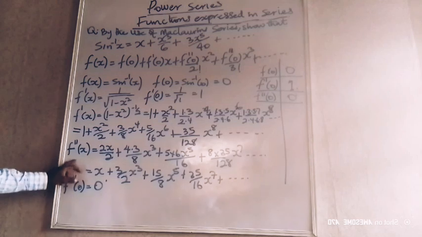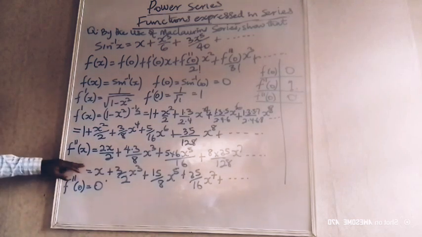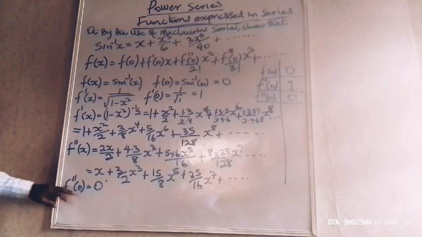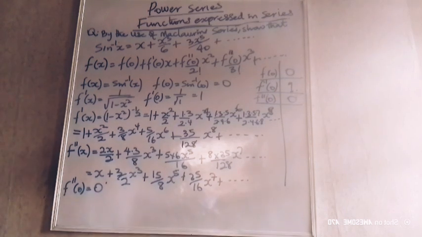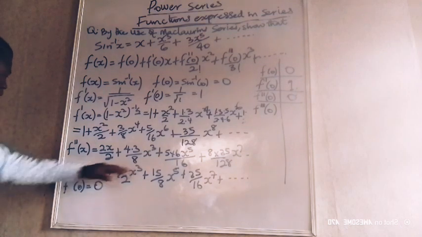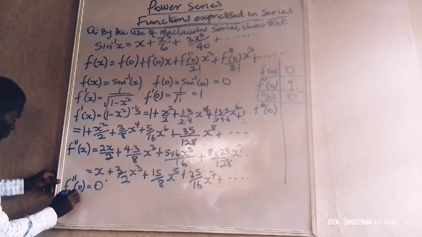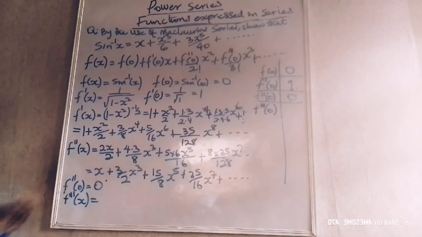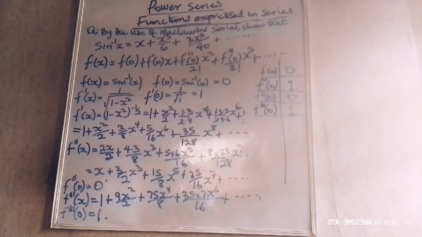So, on differentiating this, I got this. So f2 at 0 gives us 0. Now let's go to the third one. So we have to differentiate this to get the third one. After differentiating and slotting in the value of 0 there, the third differential gives 1.